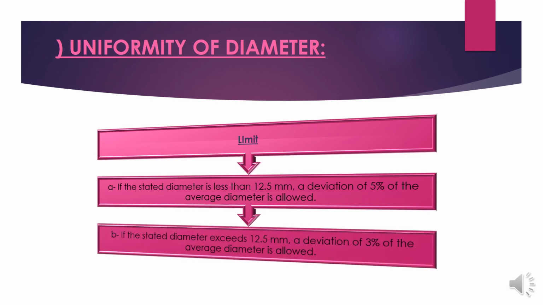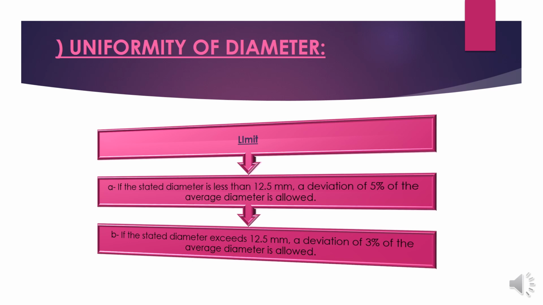Whereas if it is larger, it says if the stated diameter exceeds 12.5 mm, a deviation of 3% of the average diameter is allowed. It means if your tablet is a little bit larger in diameter, more than 12.5 mm, it can be 13, it can be more, but in that case, as it is a larger one, there is less chance of variation. So a deviation of only 3% of the average diameter is allowed.